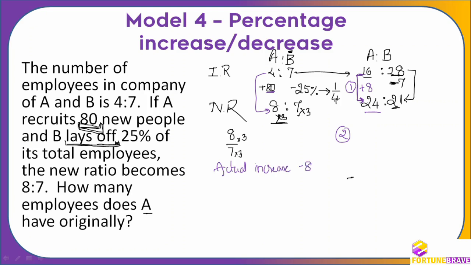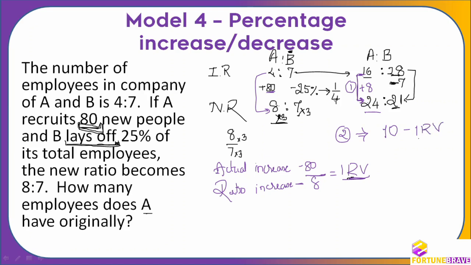It is 80, and the ratio increase, this new ratio we have created by using our knowledge of ratio, we got as 8. So what is one ratio value now? One ratio value is 10, my dear friends. So this is the second step, where I get the one ratio value as 10.